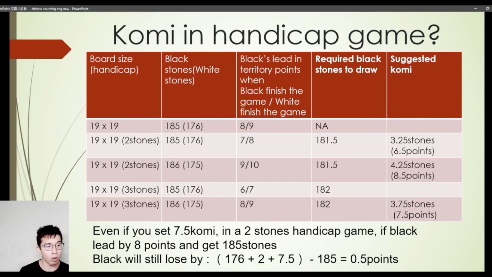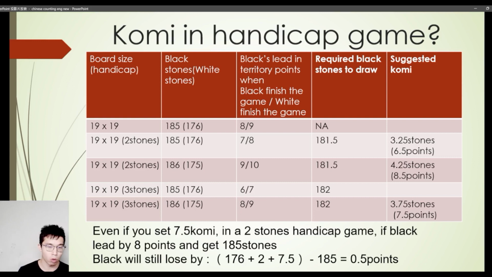For example, in a normal game, if you try to set a 6.5 komi in OGS, the result would be that even when you're only leading by 6 points, you may get 184 stones, and with 184 stones, you could win the game in a 6.5 komi.